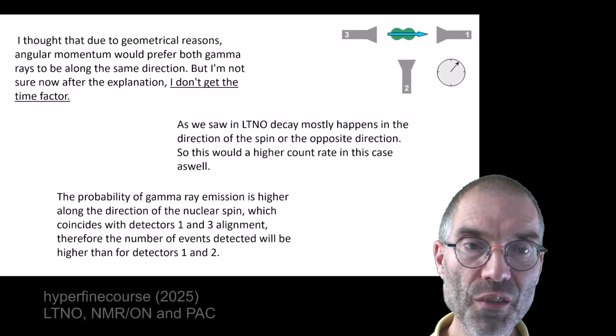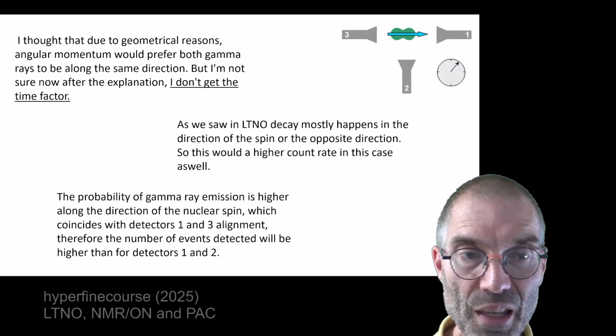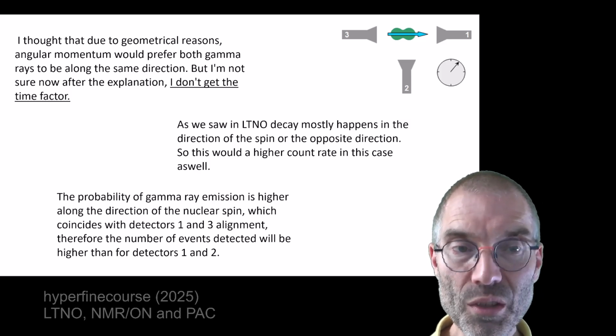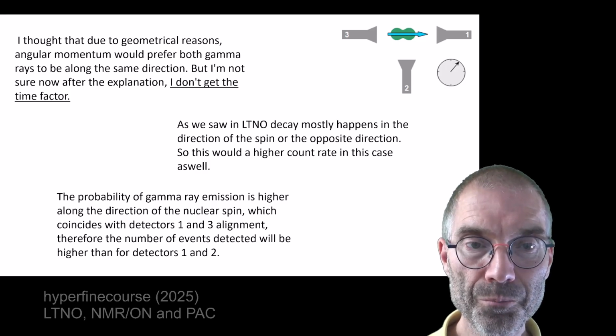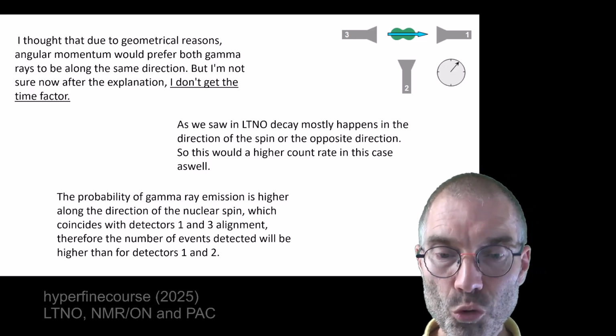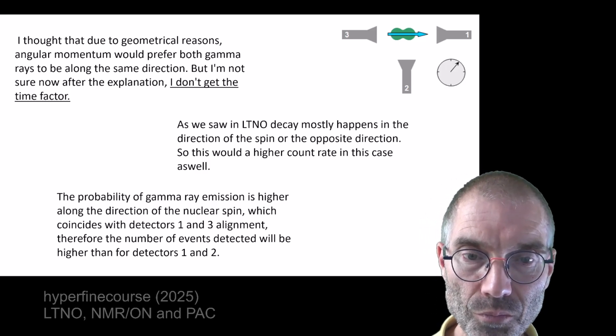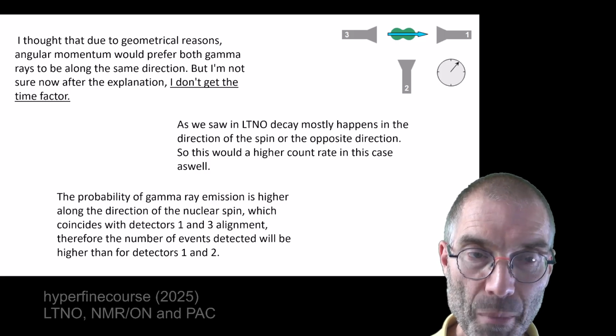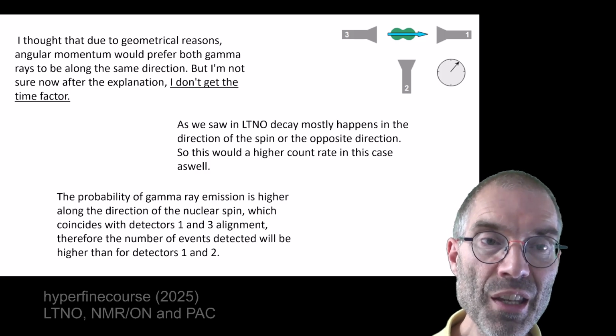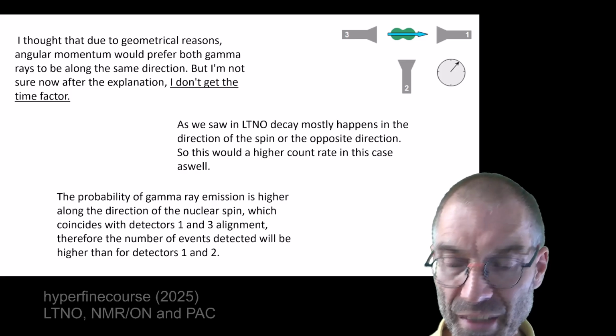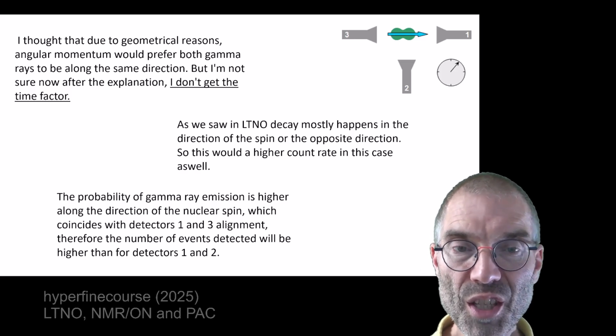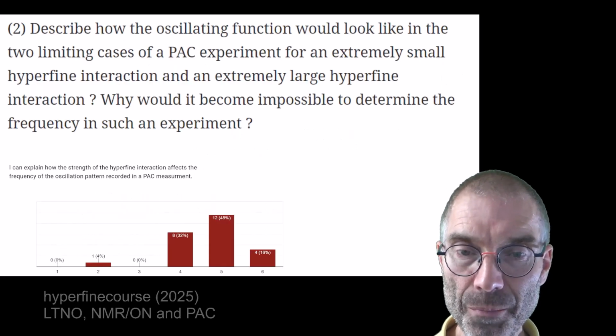Planck's constant times the frequency is the energy difference between the two hyperfine levels. So that's how these two pictures match. By measuring the frequency of that alternating pattern, you measure the strength of the hyperfine interaction.